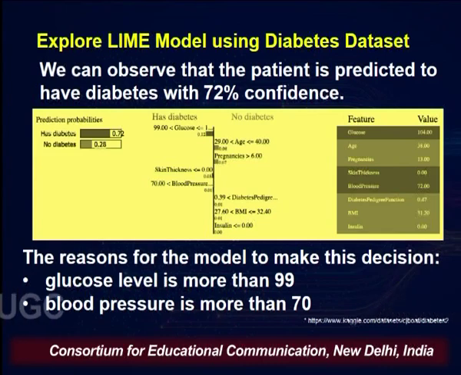So this model is giving the output that for a particular instance, a patient is predicted to be diabetic with 72% of confidence. Why? Because two most important features were indicating towards having the diabetic problem. And also you can see the features and the values.